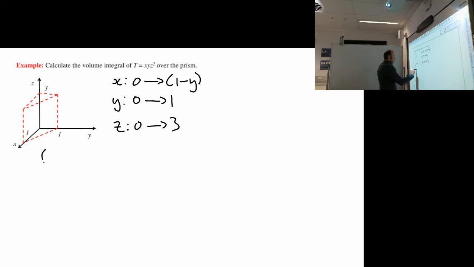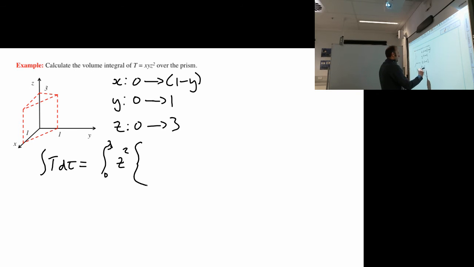Now let's just write out our volume integral. So we've got the integral of T d tau, which should be equal to, and we look at the three integrals in turn. So look at z first, it goes from 0 to 3, and this is for z squared.